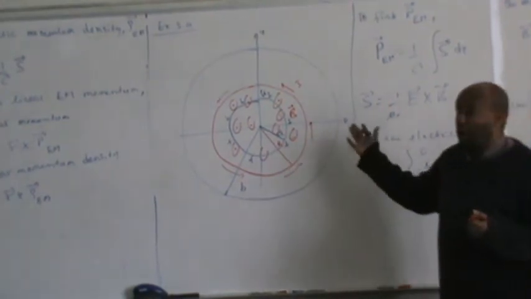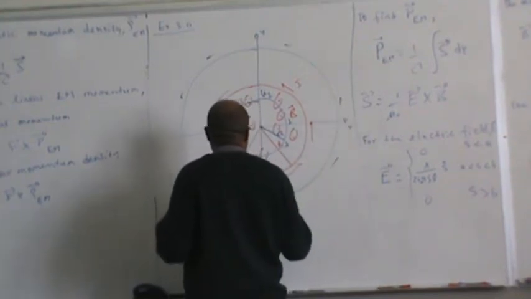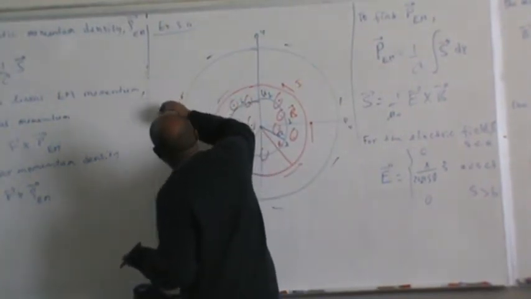And the outer one has a negative charge that's also uniformly distributed, minus Q.